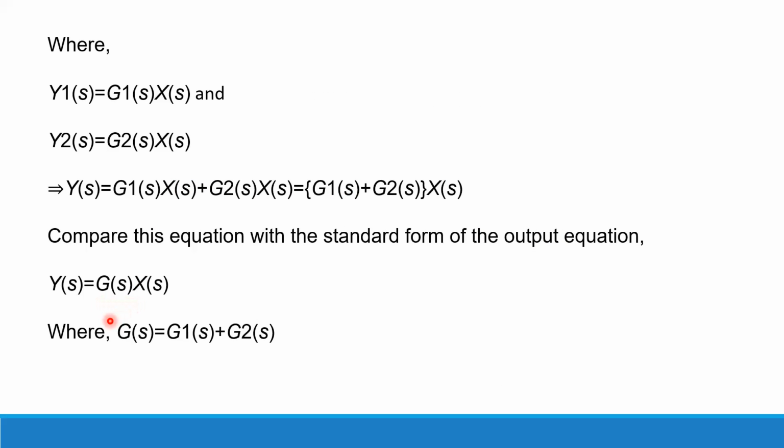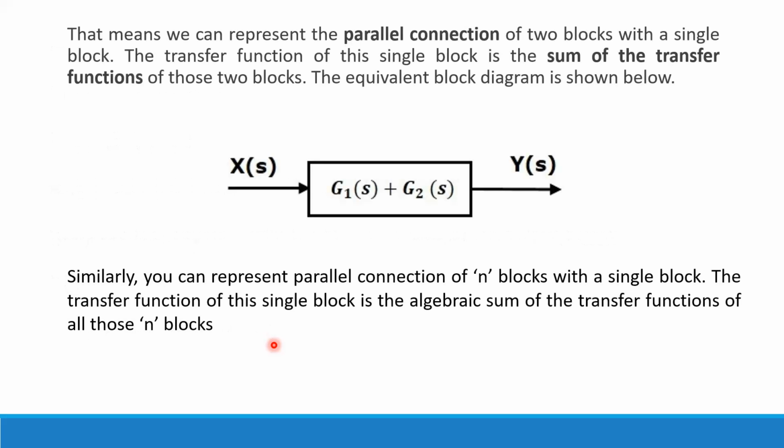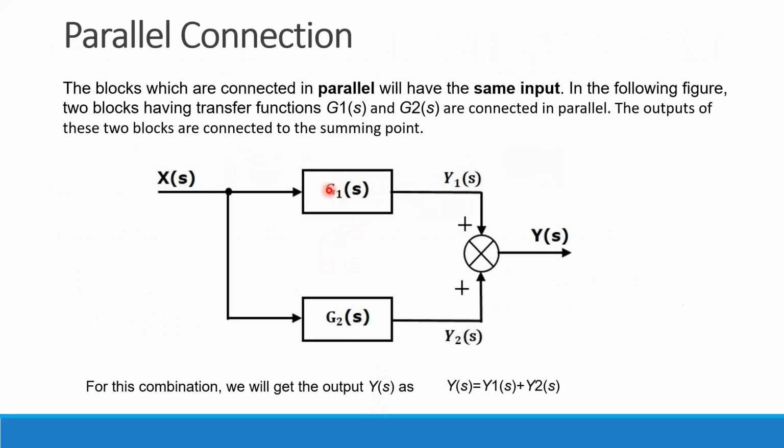Now if you compare this with this equation, it gives us G of S is equal to G1 of S plus G2 of S. That means in a parallel connection, the reduced transfer function is the sum of the transfer functions of the two blocks. If you add the transfer functions of both blocks, you will get the reduced form in case of parallel combination.